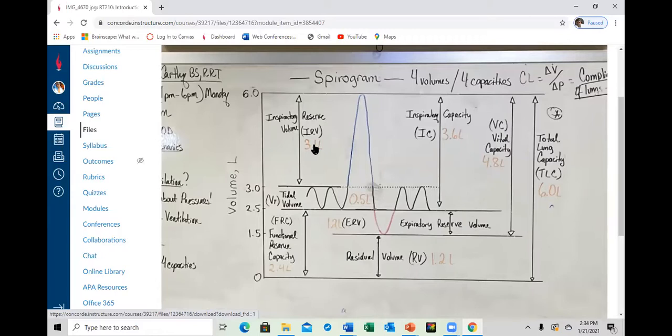When you do oral questions, they're going to say, define inspiratory capacity. And that's this right here. You will have to say inspiratory capacity is the gas that is moved after all that you can inhale and all that you can exhale forcefully, and that amount is 3.6 liters.